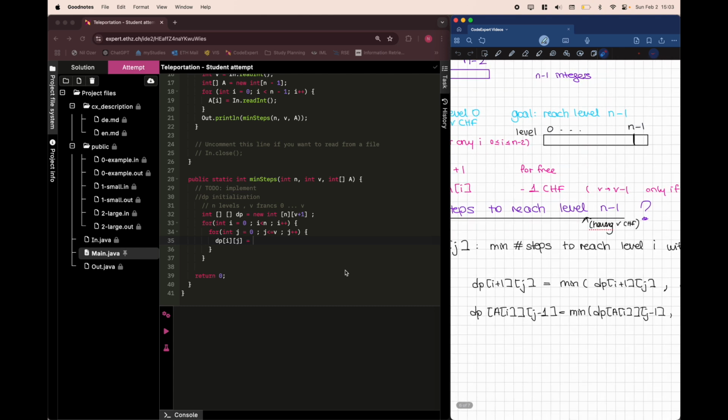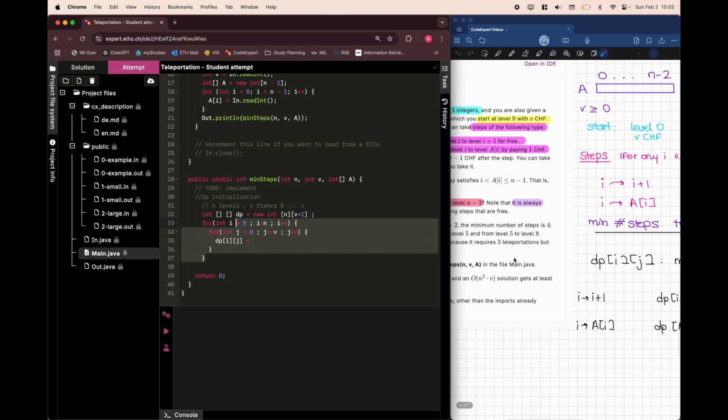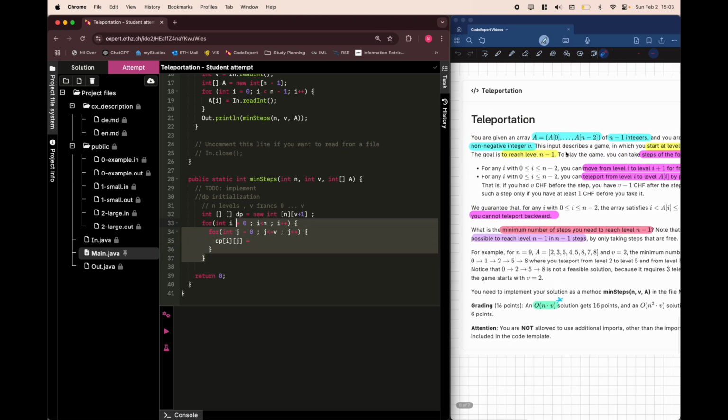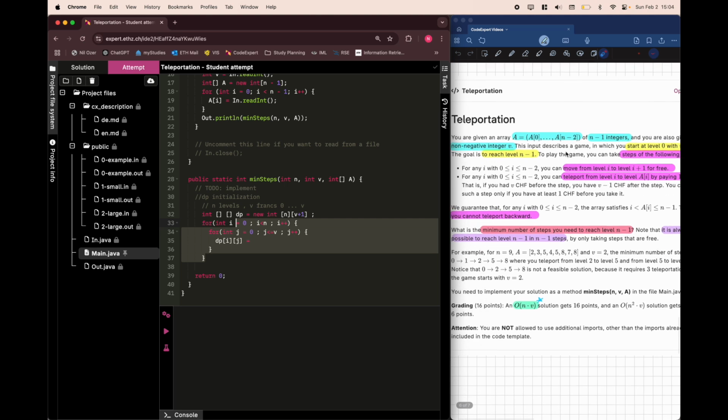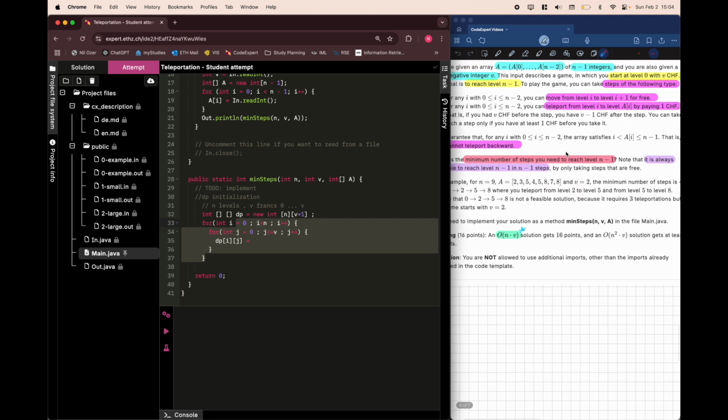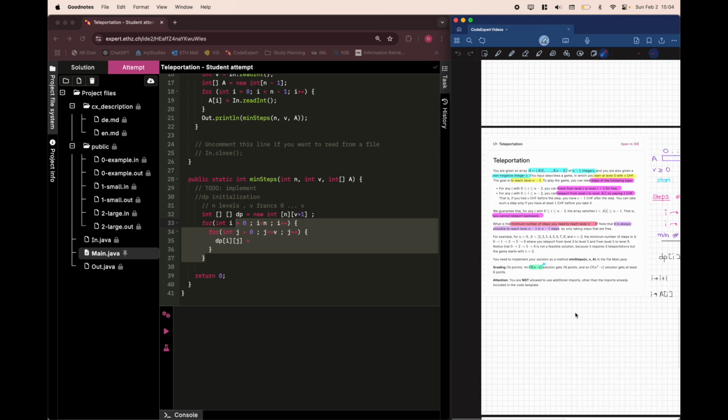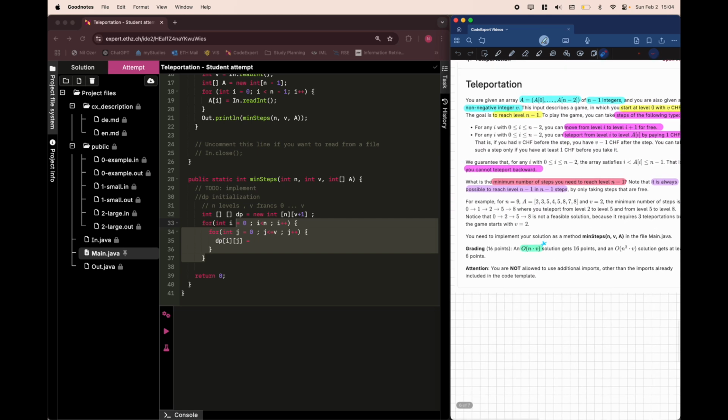So we can either say that what we have is integer max here, or in this case, we know that it is always possible to reach level n-1 in n-1 steps.